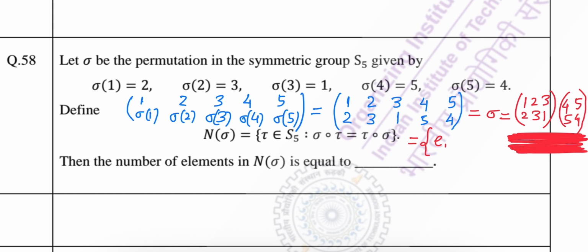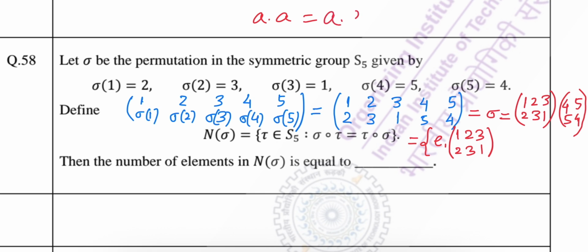We have to find the power of these two disjoint cycles, and those elements will commute with this sigma. So the next element we can write is 1 2 3 2 3 1 itself, okay, because we can write a dot a equals a dot a, a is commuting with a.